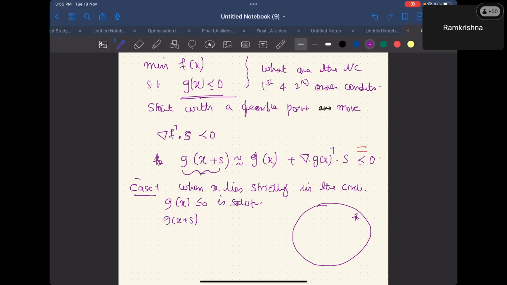If x is strictly inside the circle, there will always be a small region, even if I'm just here, in the neighborhood of x, such that g less than or equal to 0 is satisfied.